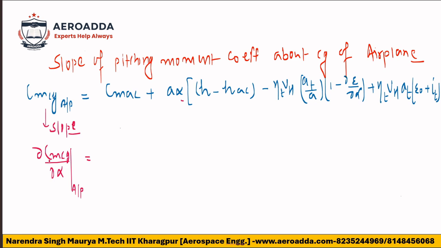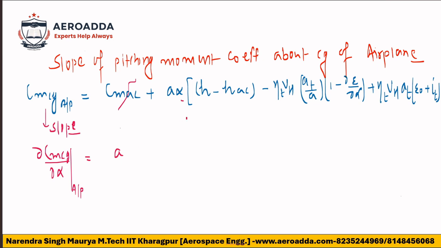See, CMAC, that is the definition of the aerodynamic center also. What is the definition of aerodynamic center? The derivative of the moment coefficient about the aerodynamic center is always zero. Correct. So if you take the derivative of CMAC, because the moment about the aerodynamic center is constant, it will be zero. So this part will be gone. Agree with me, right? This part will be gone.